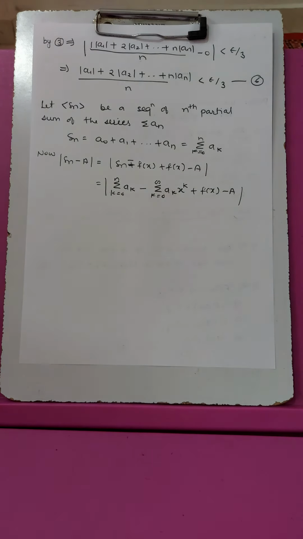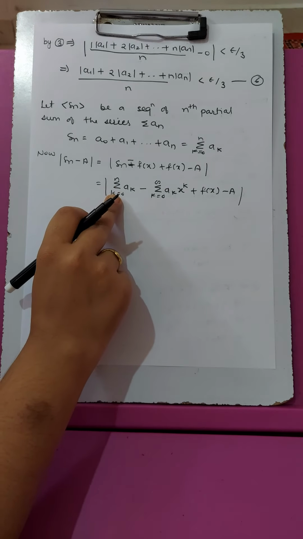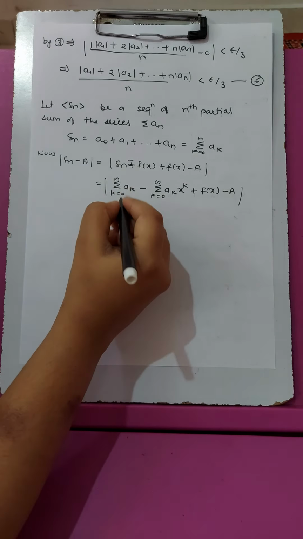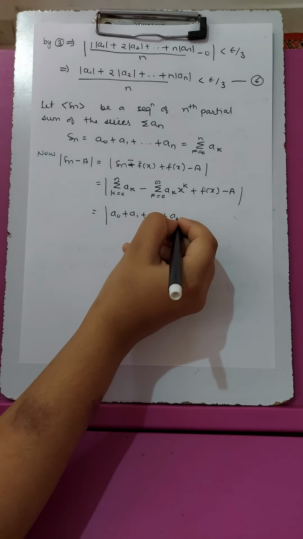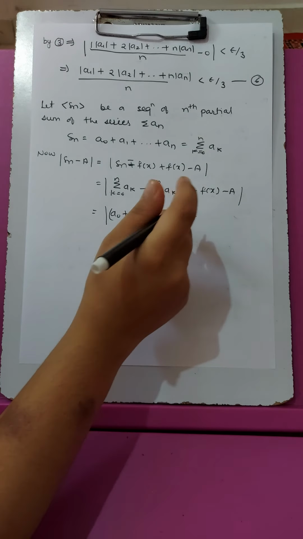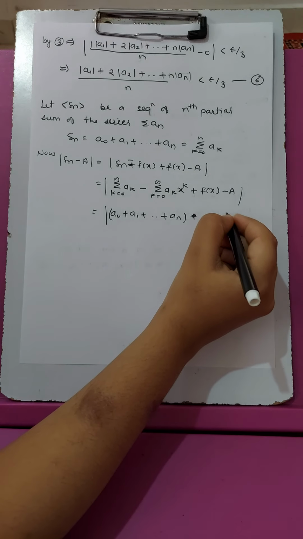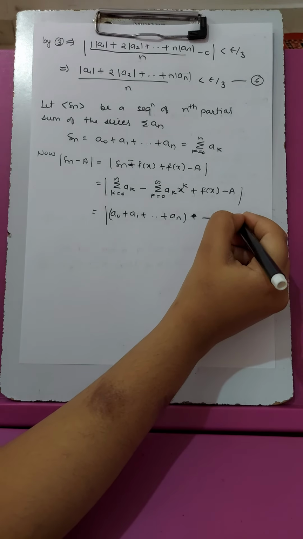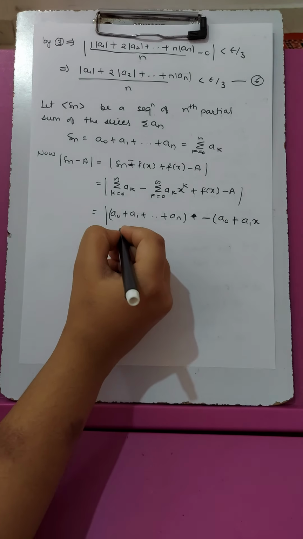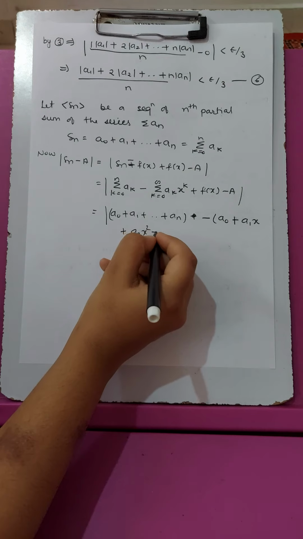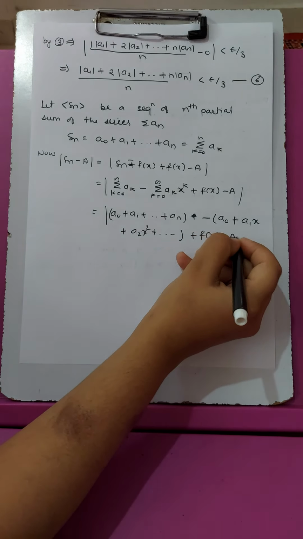Now taking this k ranging from 0 to n, we have a_0 plus a_1 and so on plus a_n. Similarly here, a_0 x^0 is a_0, then for k equals 1 it will be a_1 x, then plus a_2 x^2 and so on up to infinity, then plus f(x) minus a.